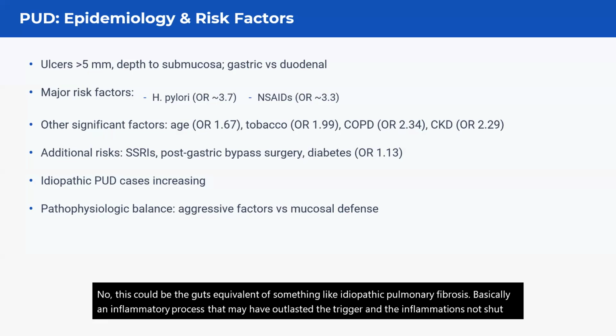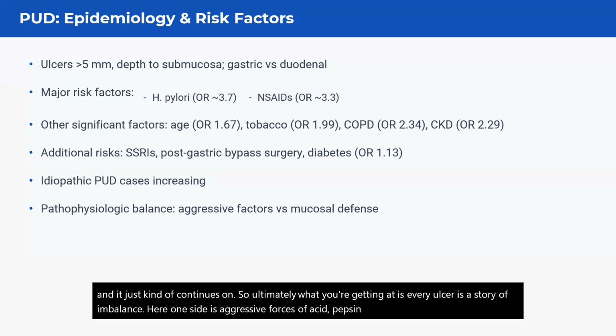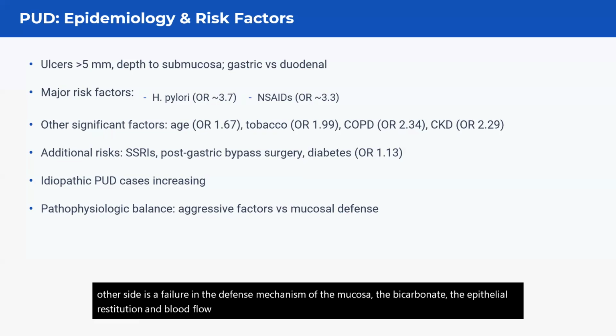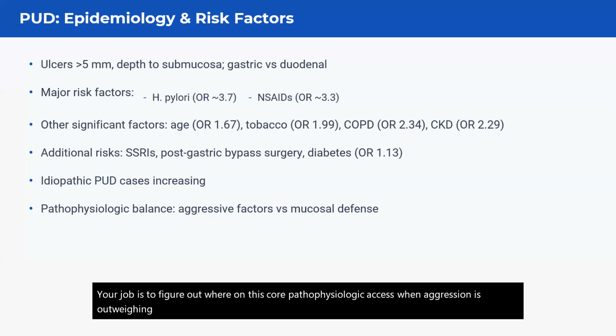Basically, an inflammatory process that may have outlasted the trigger, and the inflammation hasn't shut off and just continues on. So ultimately, what you're getting at is every ulcer is a story of imbalance. One side is aggressive forces of acid, pepsin, bile leading to ischemia, and the other side is a failure in the defense mechanism of the mucosa: the bicarbonate, the epithelial restitution, and blood flow. So your job is to figure out where on this core pathophysiologic axis, when aggression is outweighing protection, erosion is going to follow.